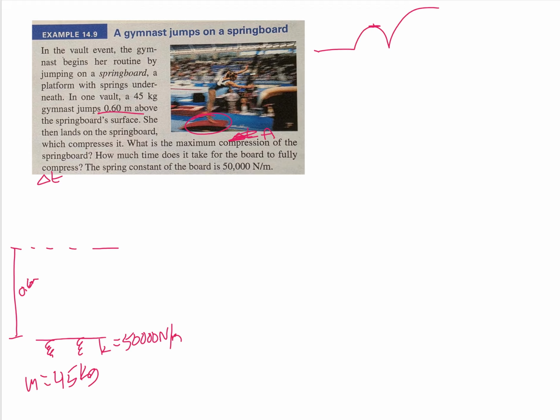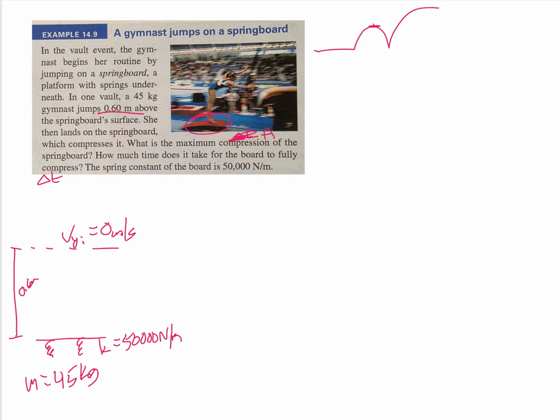If zero, it's because that's her peak. It would be 0, yeah. So VY initial is 0 meters per second. We don't know the final velocity at the end, obviously, but we do know her acceleration. It's due to gravity. Okay, so this is the before picture.